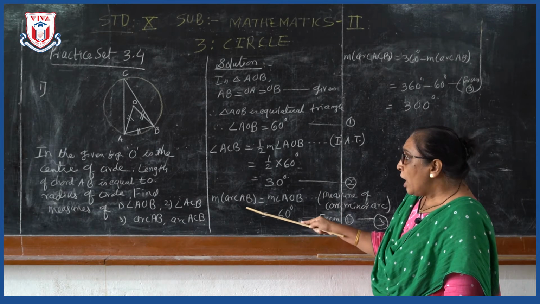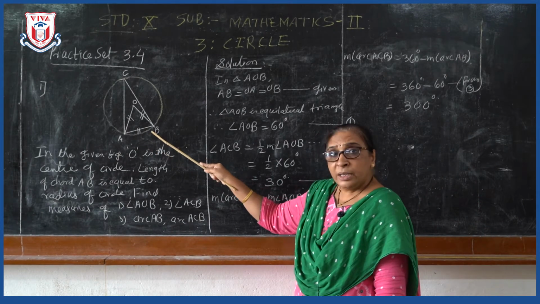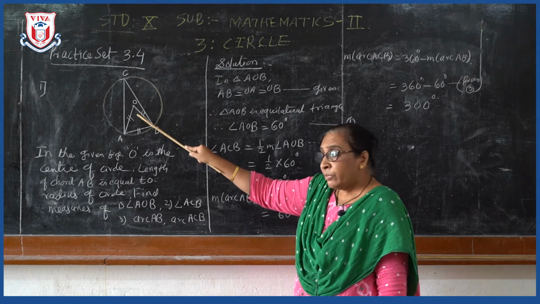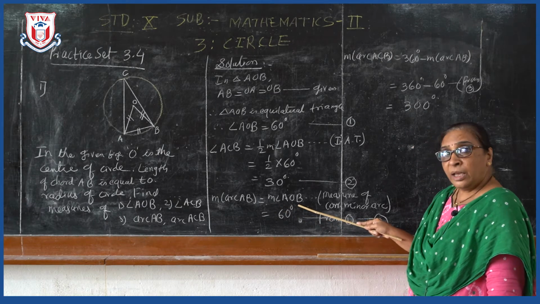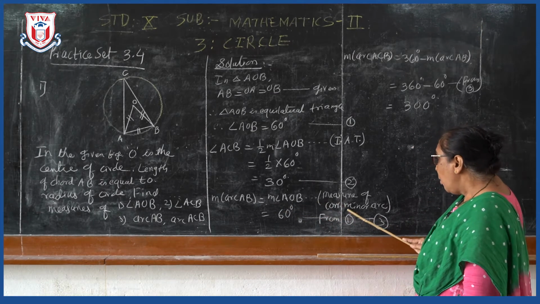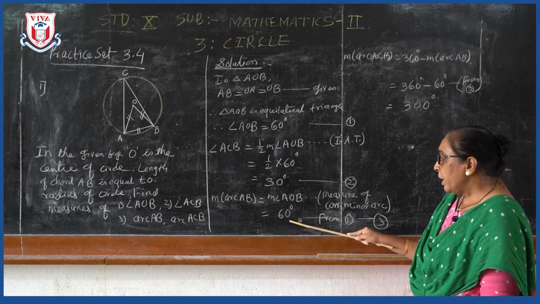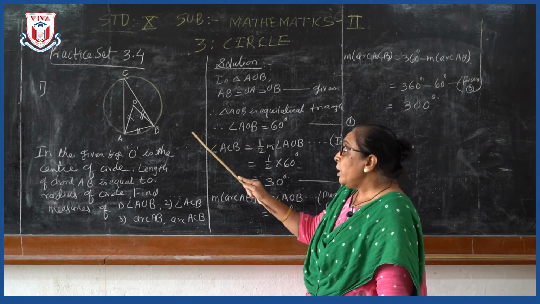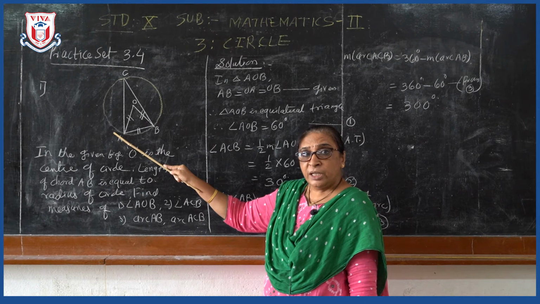Now measure of arc AB. We know that minor arc is always equal to its corresponding central angle. So measure of arc AB is equal to measure of angle AOB, the corresponding minor arc. So it will be equal to 60 degree. Now we know that the full circle measures 360 degree.